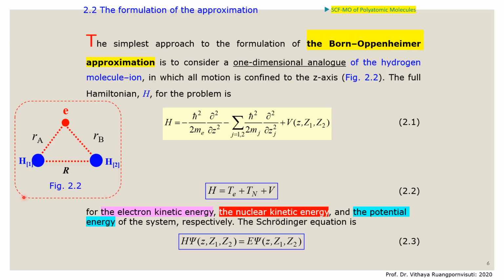It is composed of two hydrogen atoms and one electron. The overall charge of this hydrogen molecule is that of an ion.